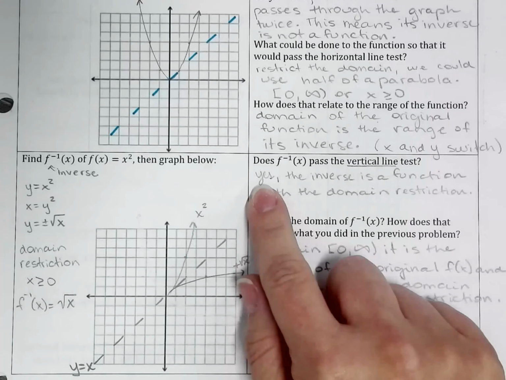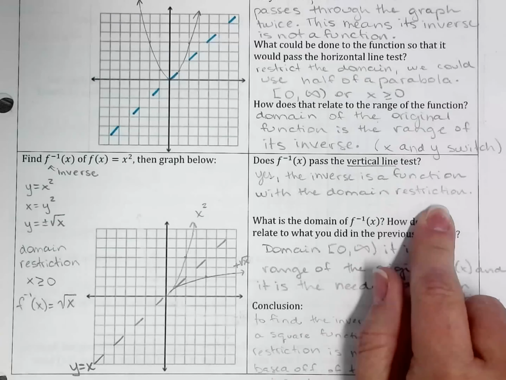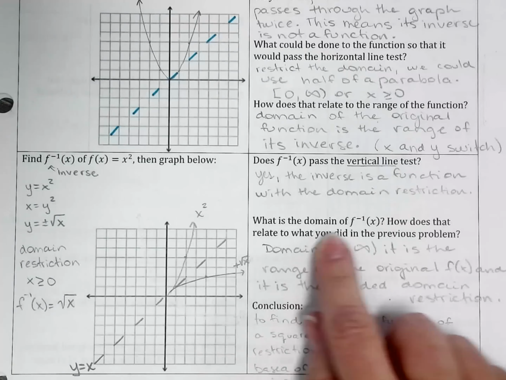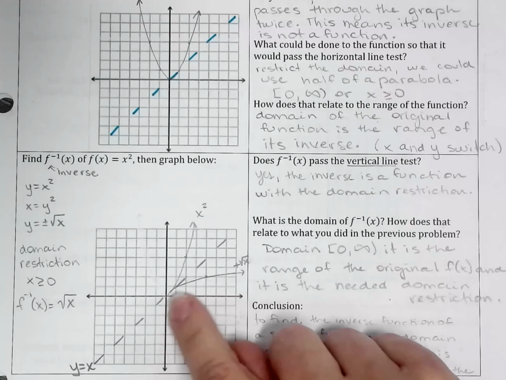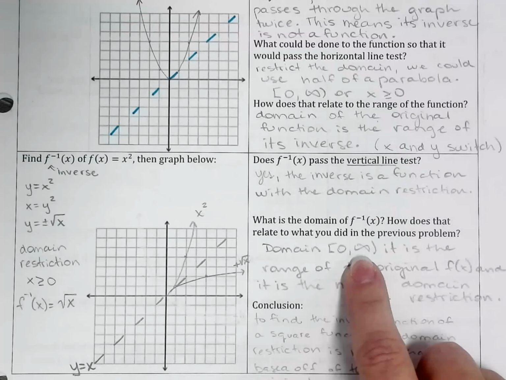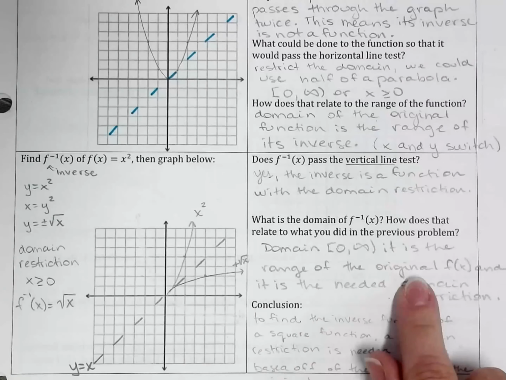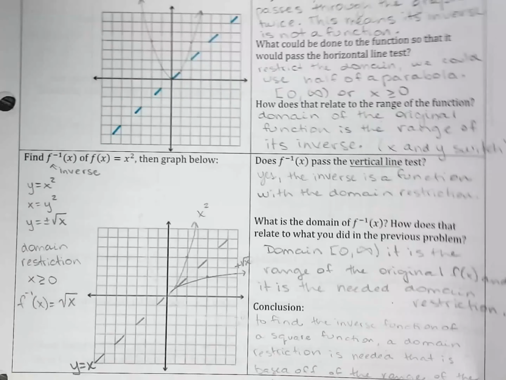Does f negative 1 of x pass the vertical line test? Yes, the inverse is a function, but only with the domain restriction. What is the domain of f negative 1 of x? The domain is 0 to infinity inclusive. It is the range of the original f of x, and it is needed as a domain restriction.